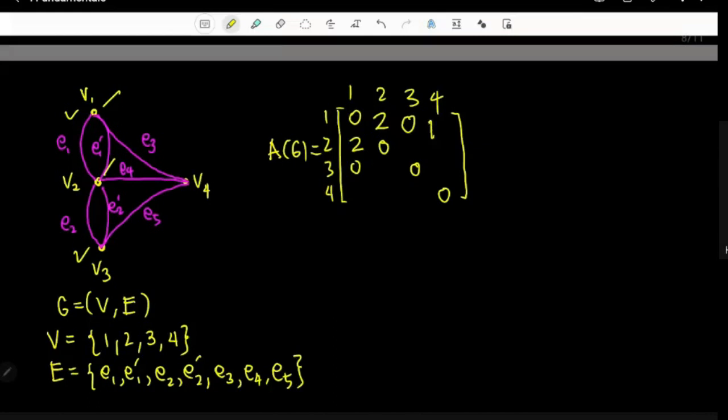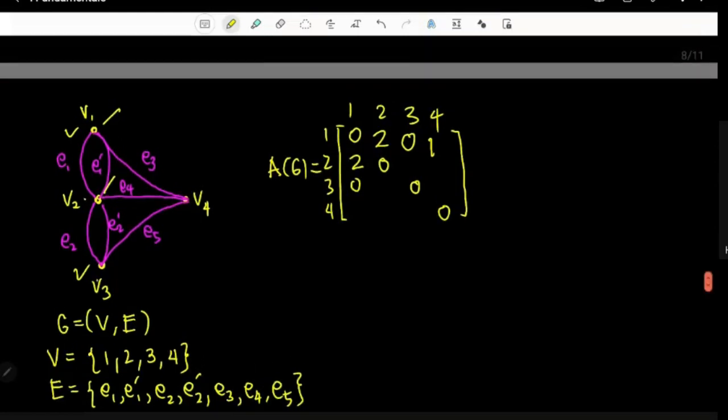Is there a bridge connecting 2 and 3? This is 2, this is 3. There are 2 bridges. So, 2. How about 2 and 4? Yes, may isa. Now, again, the bridge between 2 and 3 is the same as the bridge between 3 and 2. So, meaning, ang entry ng 2, 3 is the same as 3, 2. Ang entry ng 2, 4 is the same as 4, 2.